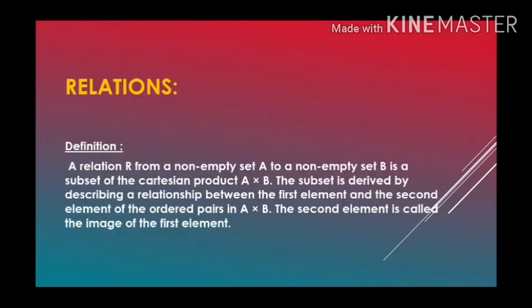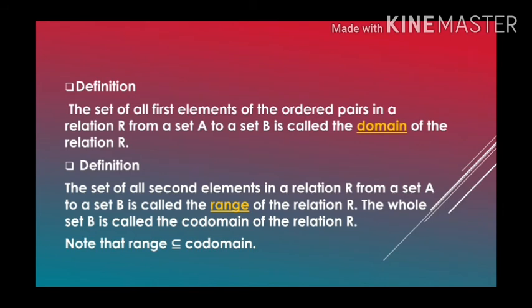So this is the definition of domain and range, and as you can see, range is a subset of codomain. What is codomain? The second set of the Cartesian product is considered as codomain.